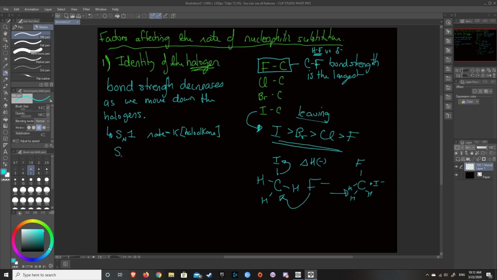And it affects the SN2 mechanism, where the rate is dependent on k, the haloalkane, and the concentration of the nucleophile. If we add in a bunch of fluoride, the chances of it coming in at the right location is higher.